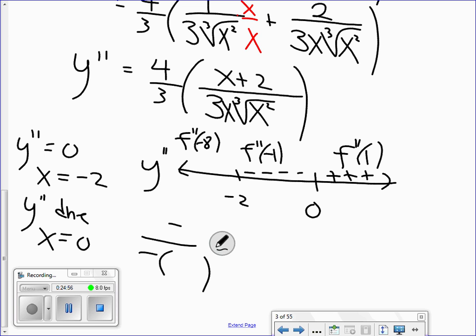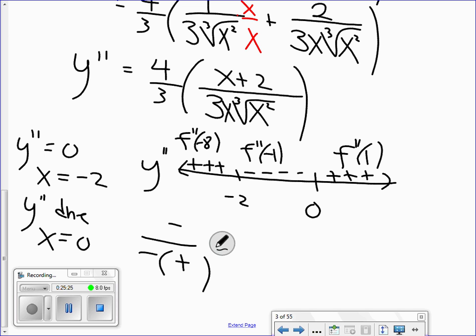That's negative. And then we multiply it by the cube root of -8 squared, which is positive. So we have a negative over a negative times a positive, which is positive.